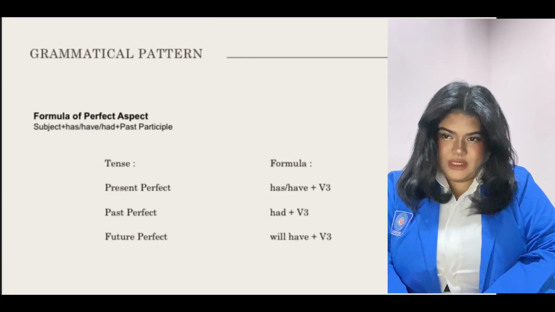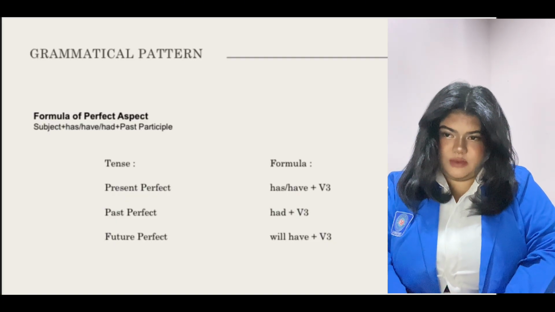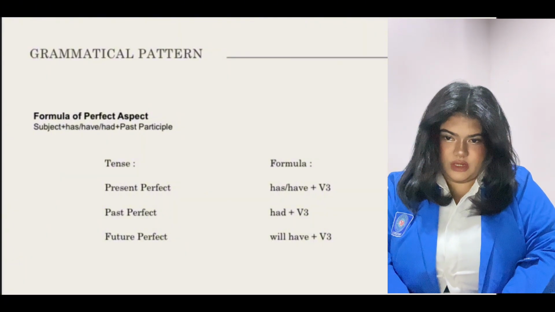Next, for the grammatical pattern, the formula of perfect aspect is subject plus has, have, or had plus past participle. The tenses are present perfect, past perfect, and future perfect. The formulas are has or have plus verb 3, had plus verb 3, and will have plus verb 3.